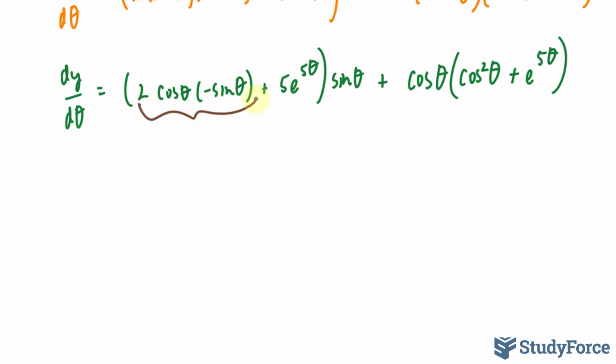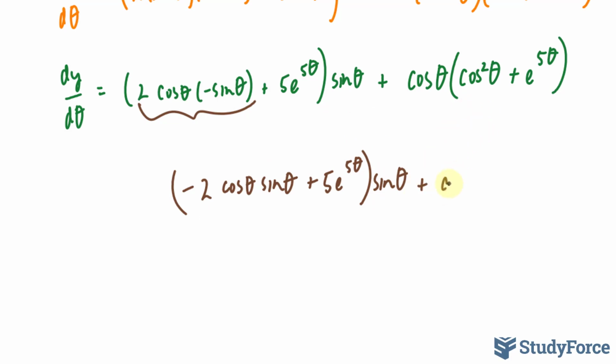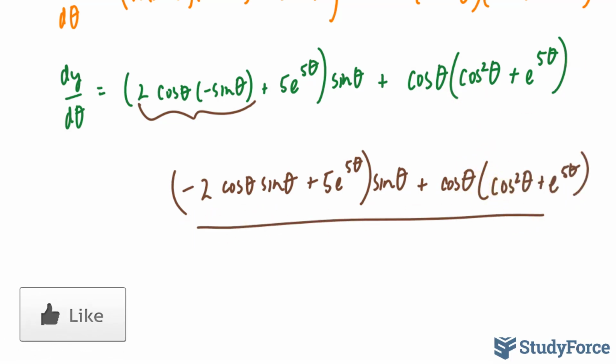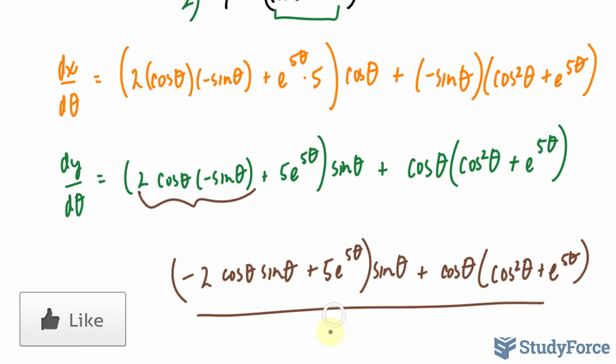Instead of it being written like this, I'll write it as negative 2 cosine theta times sine theta plus 5e to the power of 5 theta sine theta. No need to expand, I'll just make it more messy. Plus cosine theta and the rest, all over. Now I need to rewrite this underneath, but I'll clean it up as much as I can.